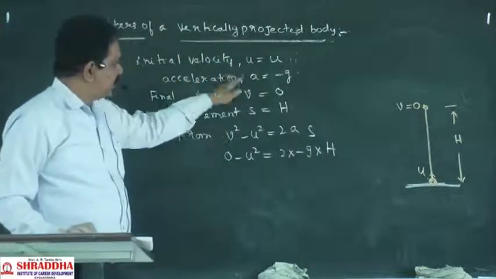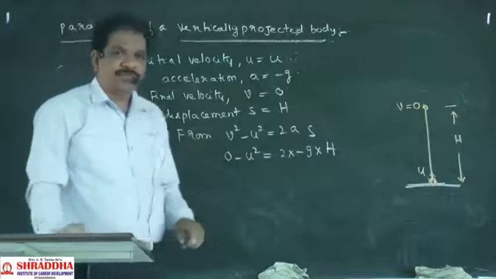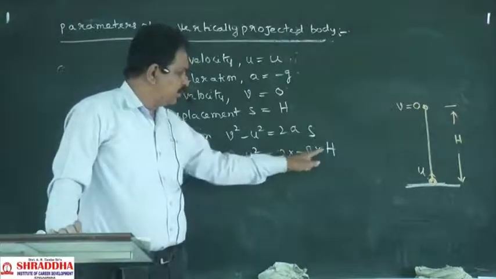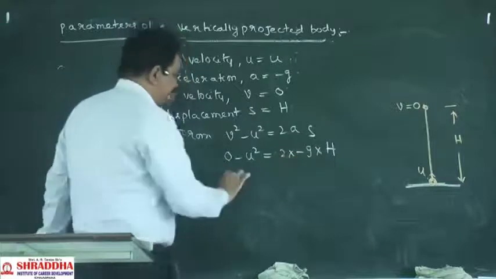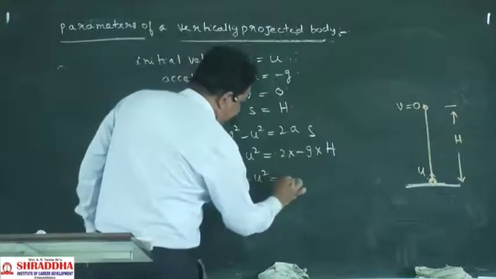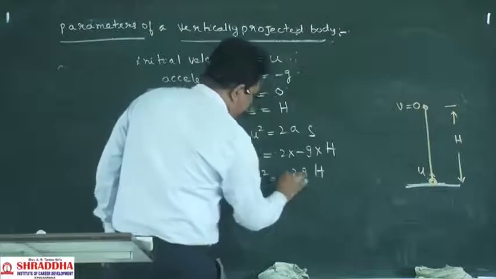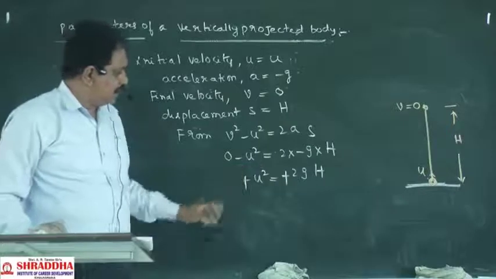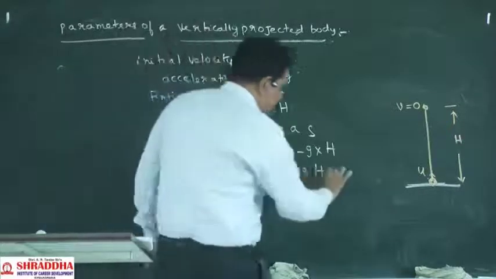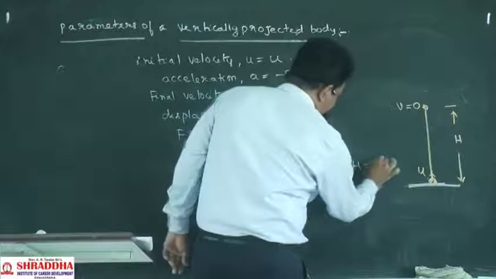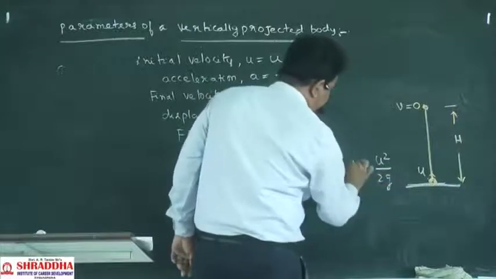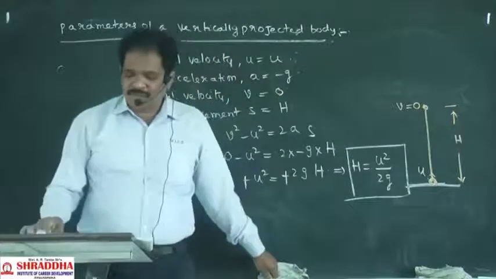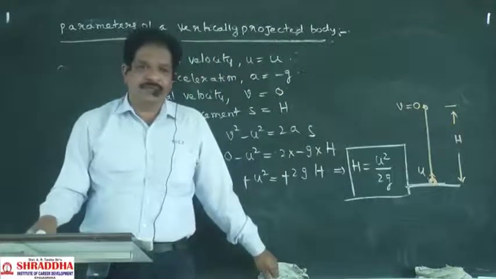We substituted these values in this formula. Then minus u square is equal to minus 2gh. So minus minus becomes plus. Then h is equal to u square by 2g. This is the formula for maximum height.